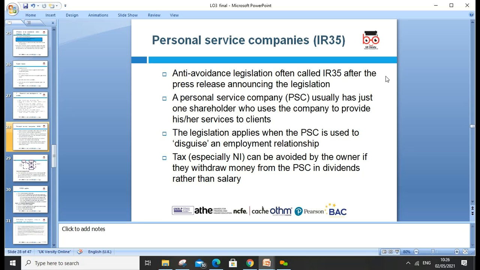The legislation applies when a PSC, personal service company, is used where there is an employment relationship, and tax, especially NI, can be avoided by the owner if they withdraw money from the PSC as dividend rather than salary.